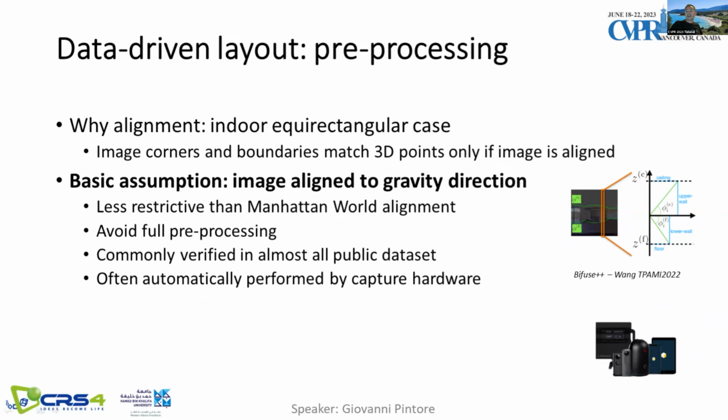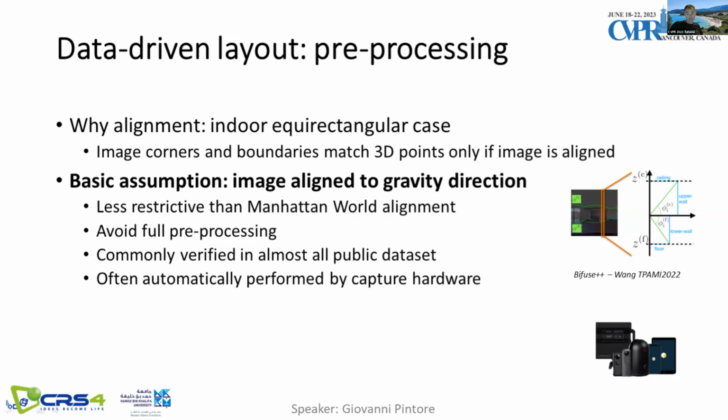That is, vertical lines in the image represent vertical lines in 3D space. This assumption is less restrictive than full Manhattan alignment, of course, and it's usually already verified by a rational capture, as for example common hardware exploits inertial sensors to produce an already rectified image.